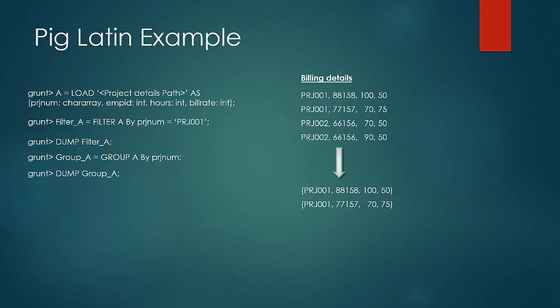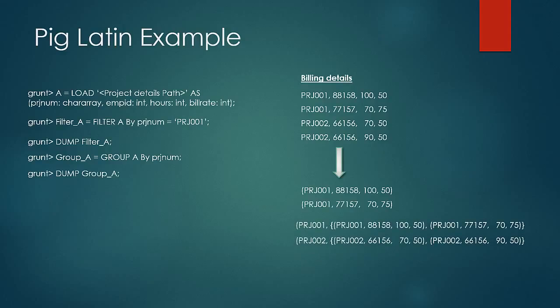Dump group A would produce the result as shown. The first field of each tuple would be the field on which the grouping operation is performed. The second element is called a bag, which is an unordered collection of tuples which have the corresponding project number. Each element in the bag is separated by a comma. Here in this case, there would be 2 tuples in each bag.